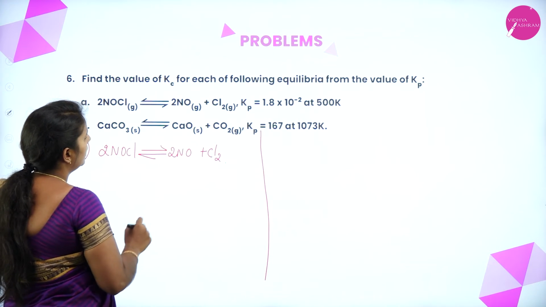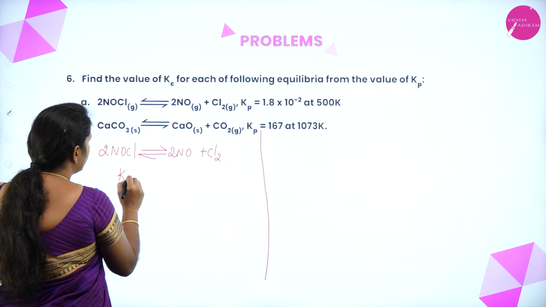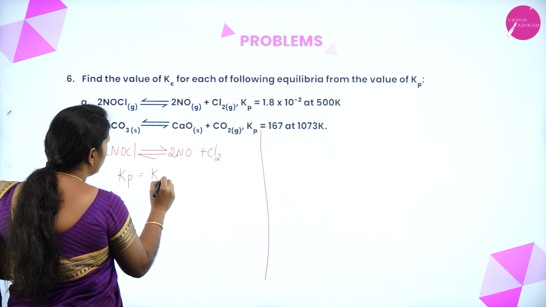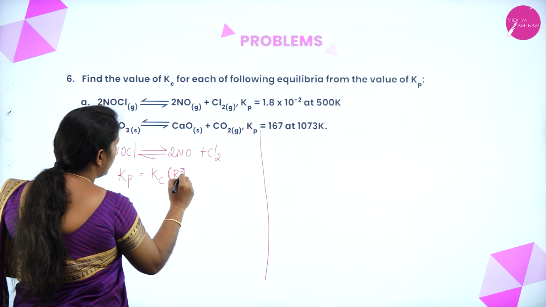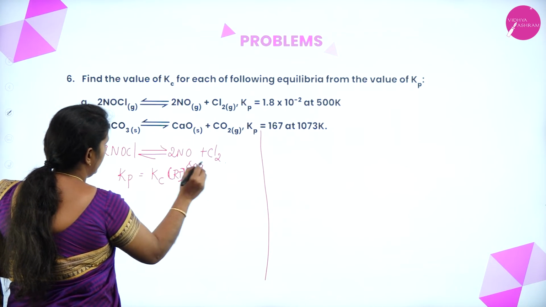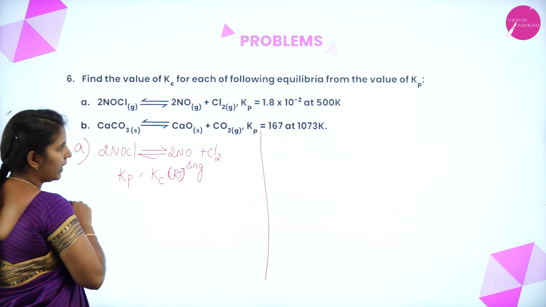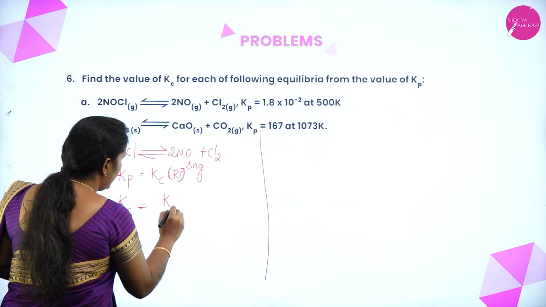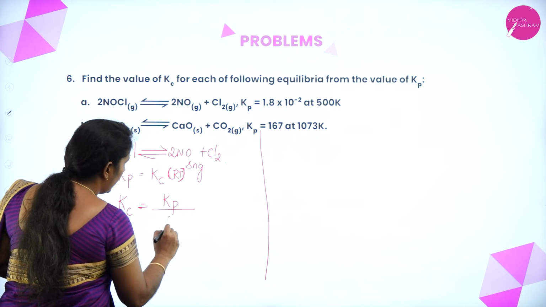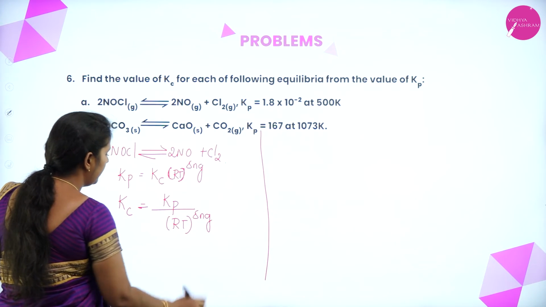Now if you see this reaction, they have given the Kp value, correct? We have a relationship: Kp is equal to Kc into RT raised to the power of delta Ng. Now they have given the Kp value, and we need to calculate the Kc value, correct? So Kc will become Kp divided by RT raised to the power of delta Ng.